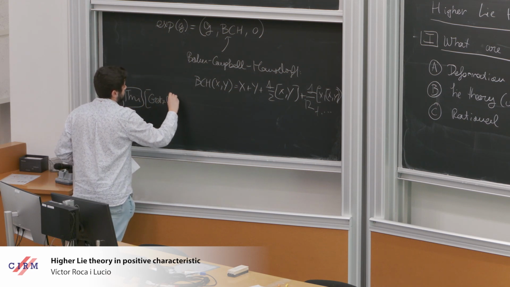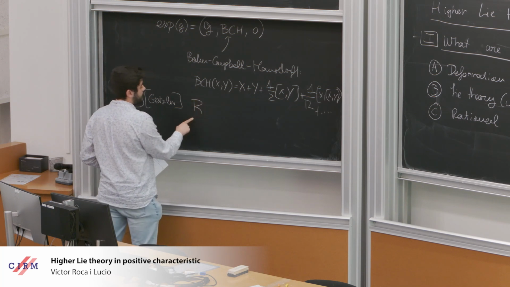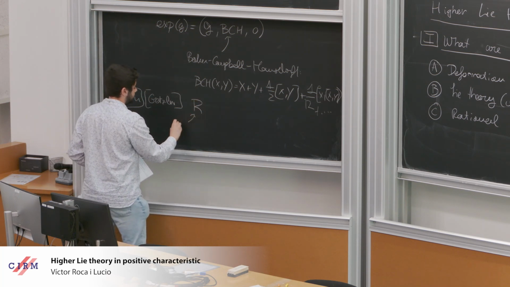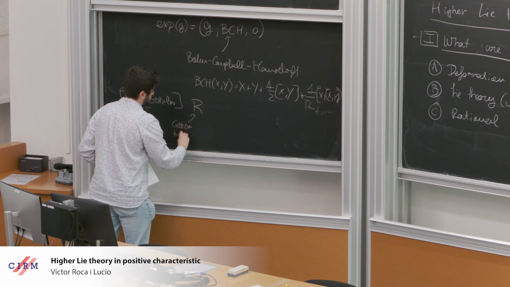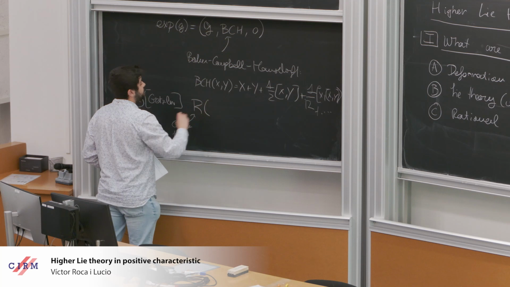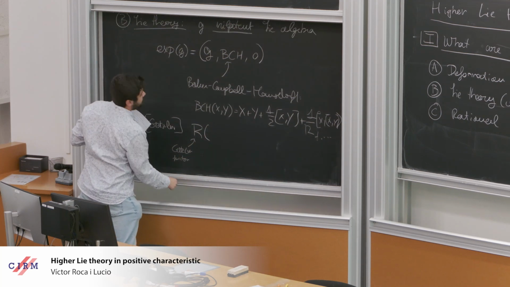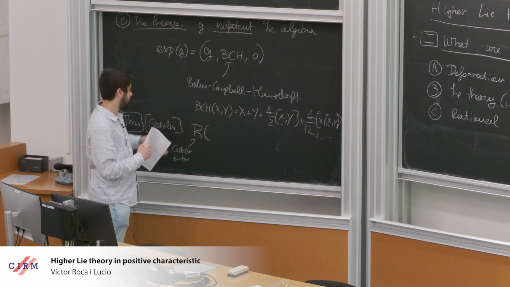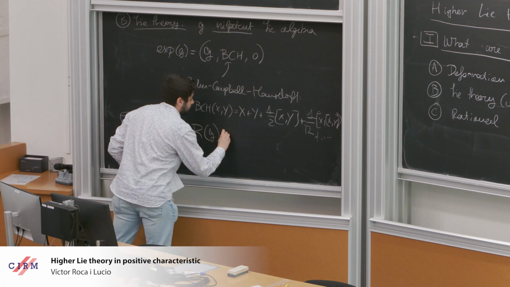Now, let me finish this section with the following theorem, by Getzler. If R is the Getzler functor, and I apply it to such a nilpotent Lie algebra, what do I get?